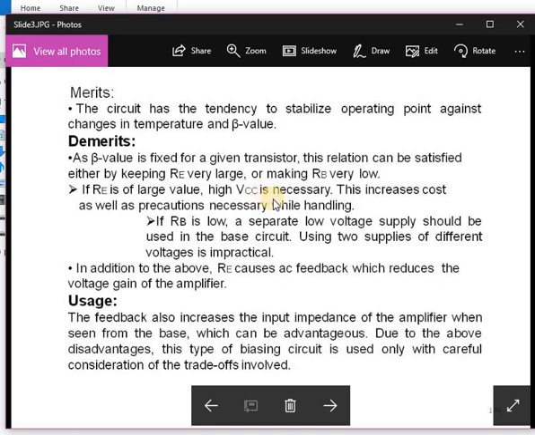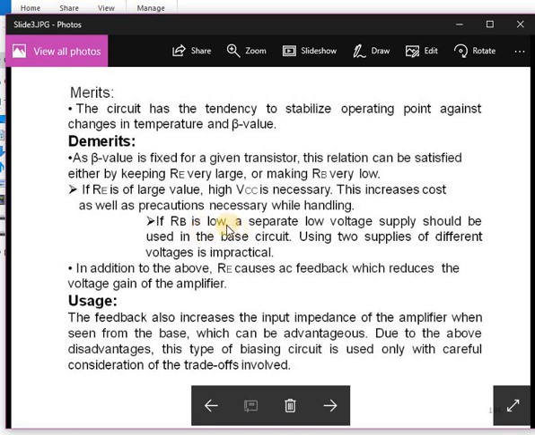Due to the high value of VCC or DC supply, this increases cost, and some precautions are necessary, which we have to follow. Otherwise, we reduce the value of the base resistor to a low value.